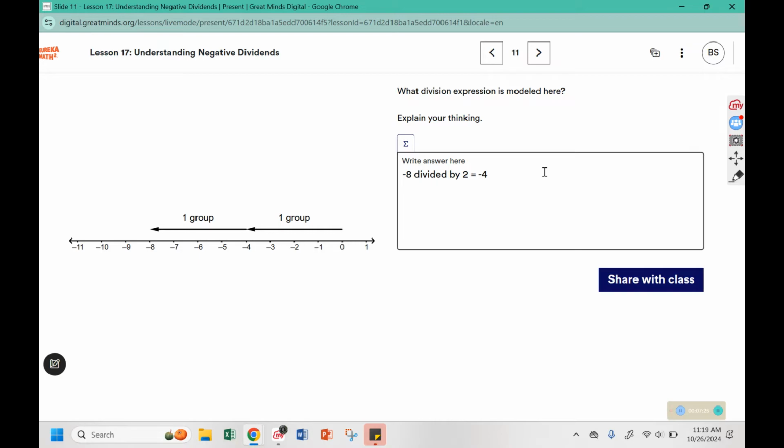And our reasoning is -8 was split into two equal groups. Each group was 4 long and pointing to the left, which is why it would be negative.